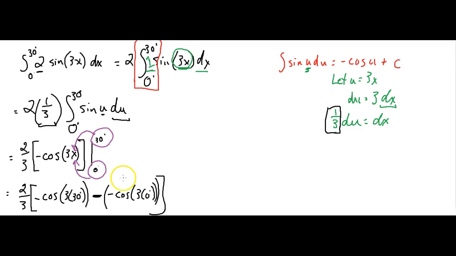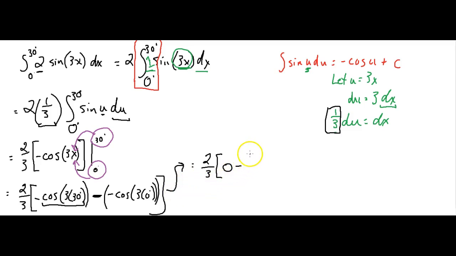All right, so now we need some values. This is when you would either use your memory or grab your calculator. So that is 2/3 times the cosine of 90. Cosine of 90 is equal to 0. So putting a negative in front of it doesn't really matter. That's a value of 0 right there.